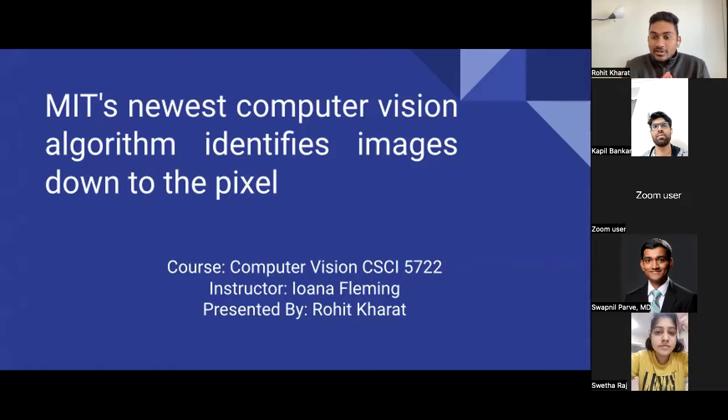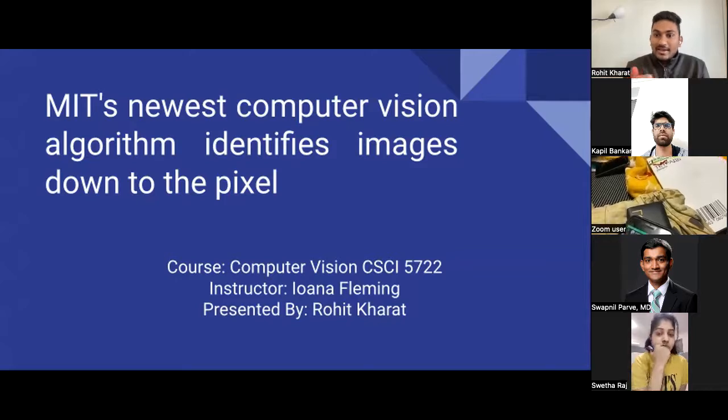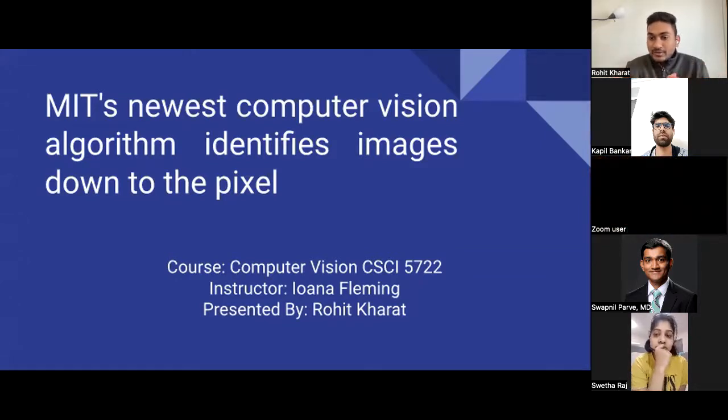Previously, we have traditional computer vision systems which do object detection and object segmentation, but that uses labeling of bounding boxes, and it's a very human intensive approach.